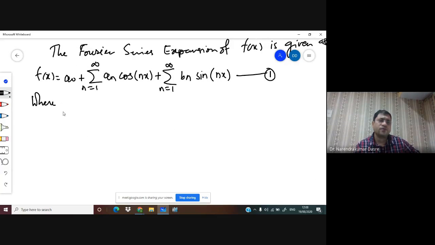where a0 is 1 upon 2 pi integral 0 to 2 pi f of x dx.